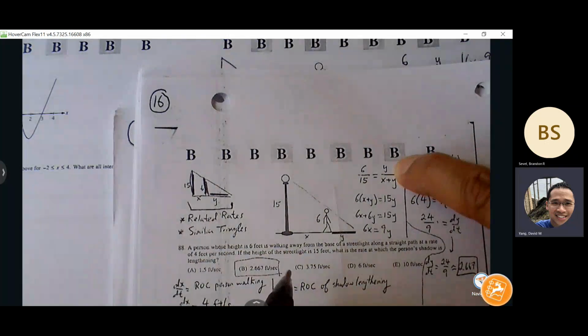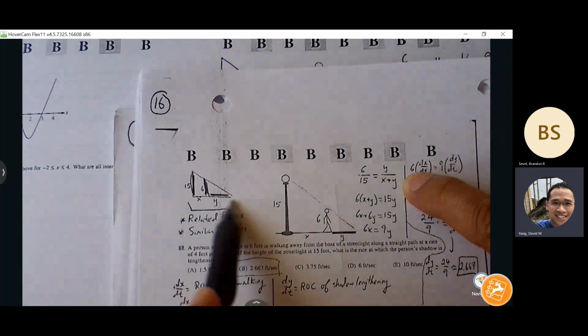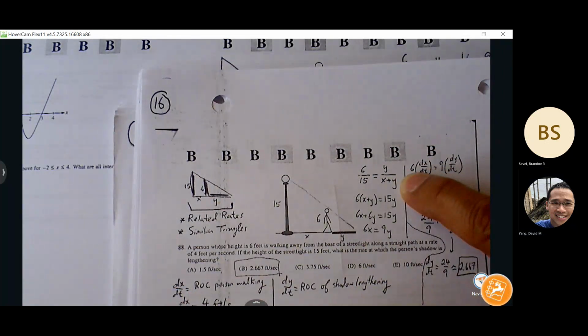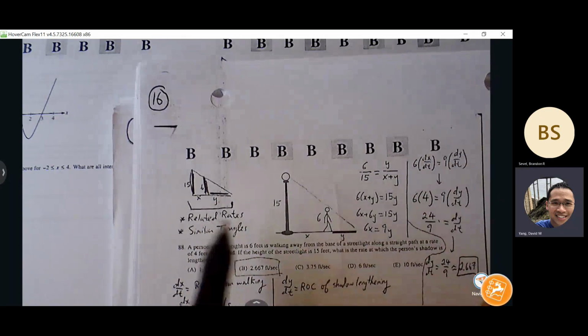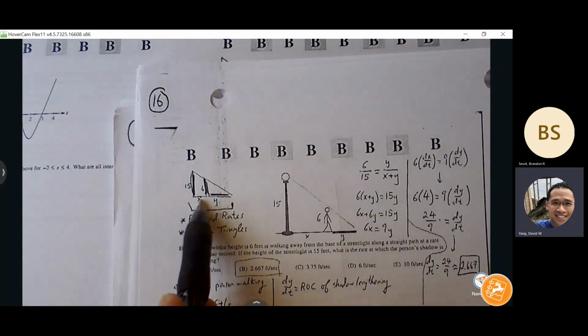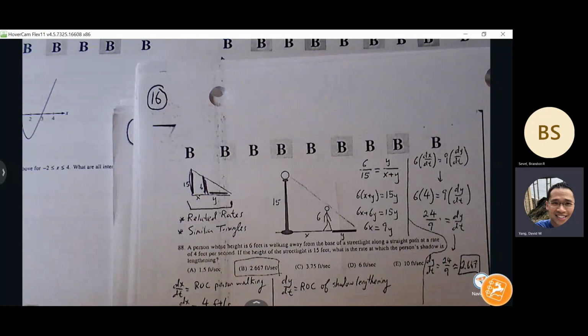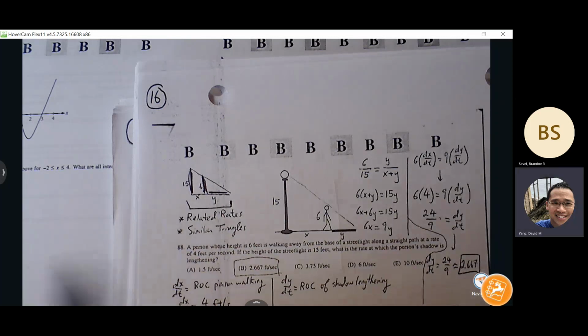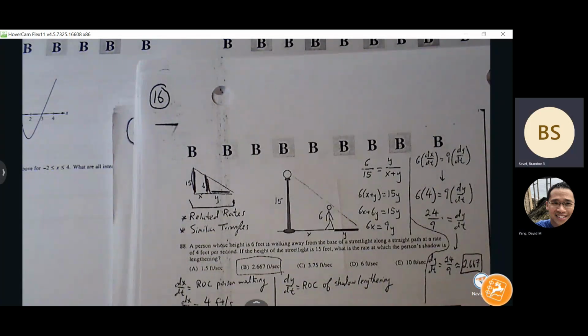The base of the small triangle is y, and the base of the large triangle is x plus y. Oh, okay. I can't say x over x plus y, because x is not the full base of any triangle. Does that make sense? Yes, that makes sense.